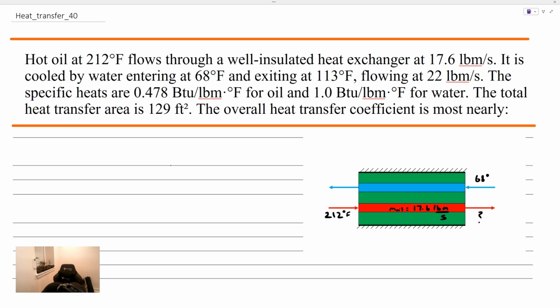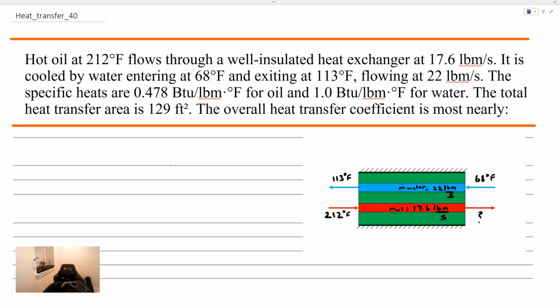We also know some things about the water. The water enters at a temperature of 68 degrees Fahrenheit and exits at a temperature of 113 degrees Fahrenheit, and the mass flow rate of that water is 22 pound mass per second.